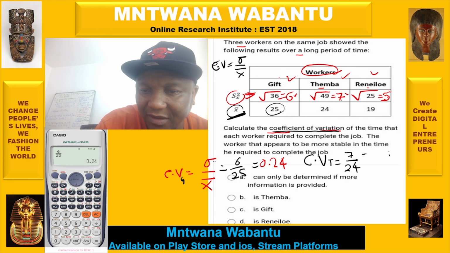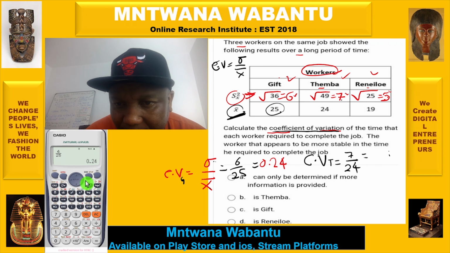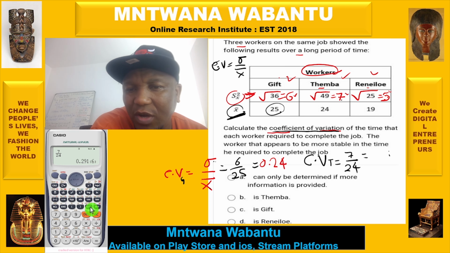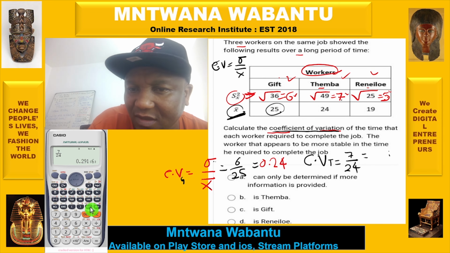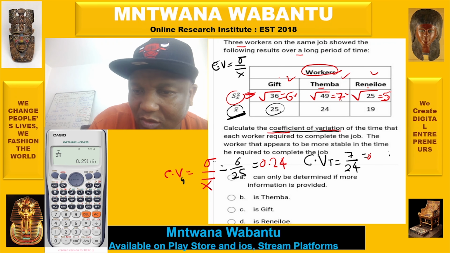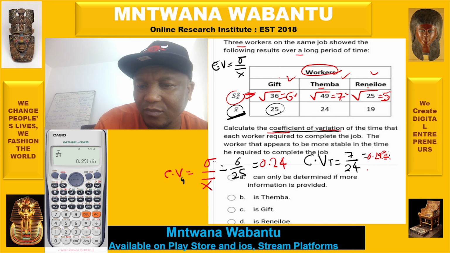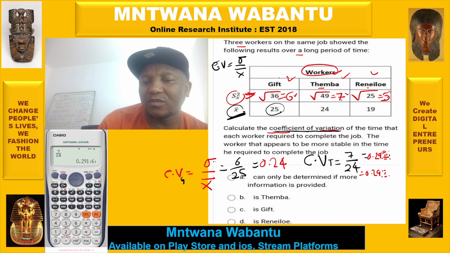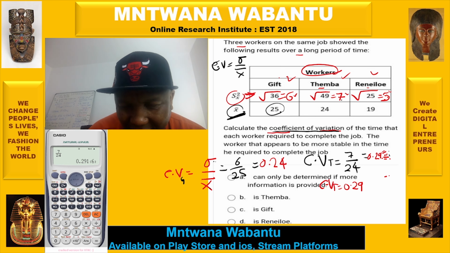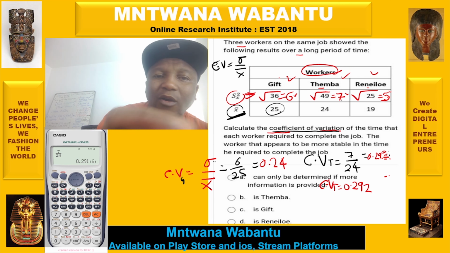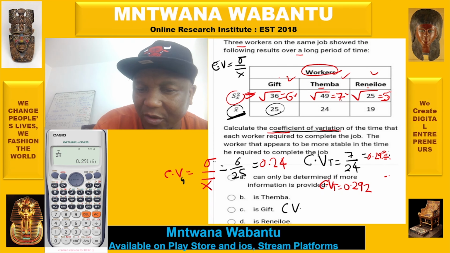So 7 over 24 is 0.292. Coefficient of variation of Timber equals 0.292.